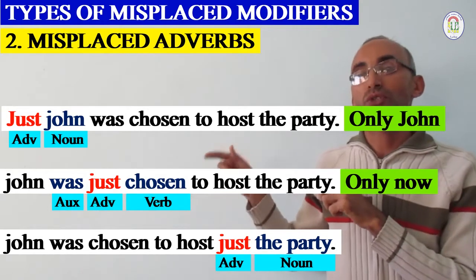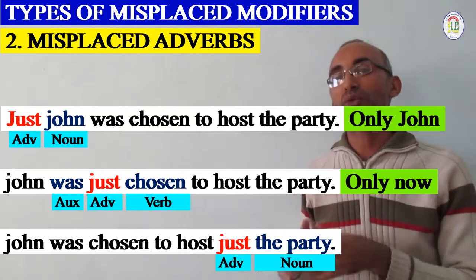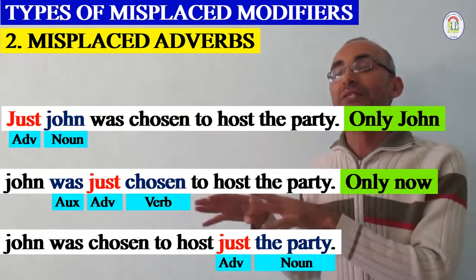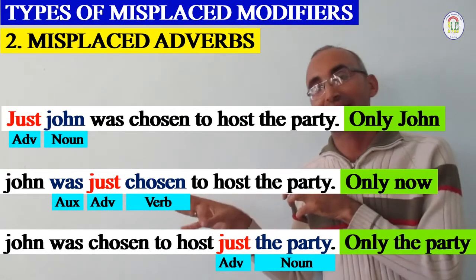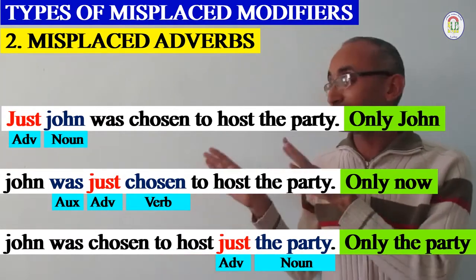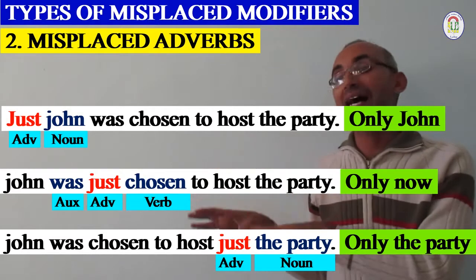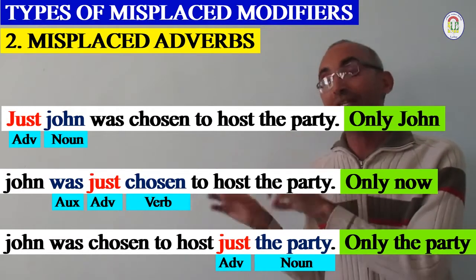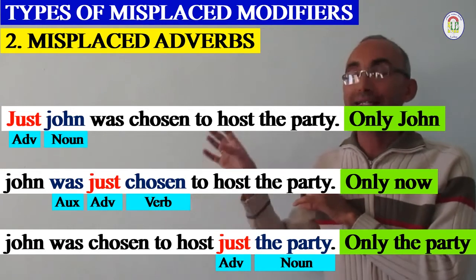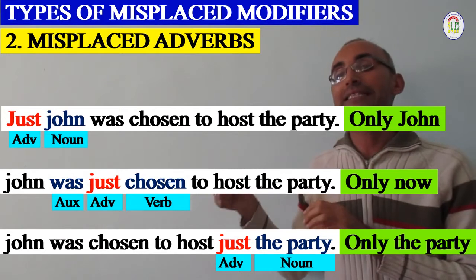Just chosen to host the party. And the third one, John was chosen to host just the party. It means only the party and not any other event. So as you see, whenever you change the adverb position, you will have a different meaning from the one you intend. So be careful and place it in the right place to convey what you want.